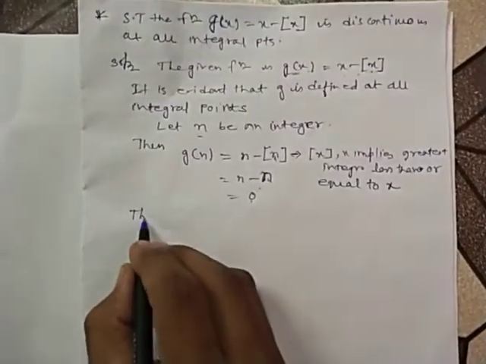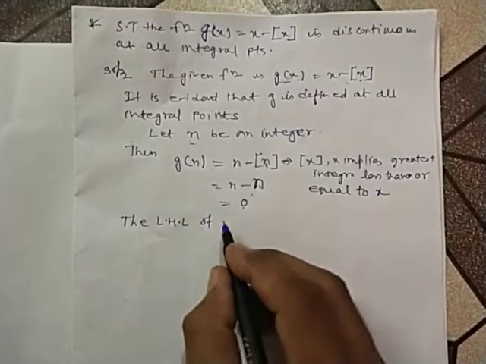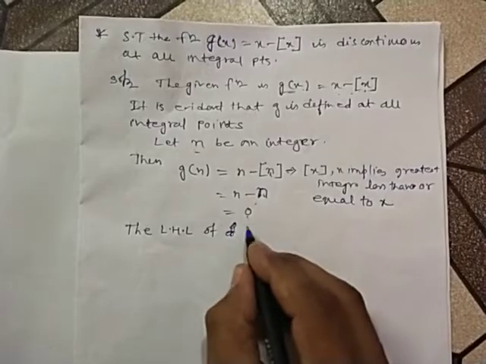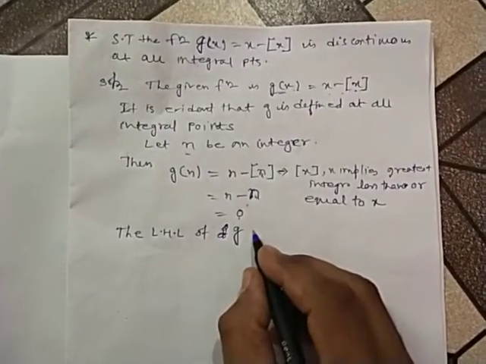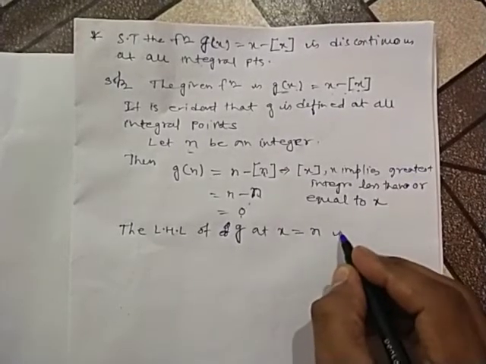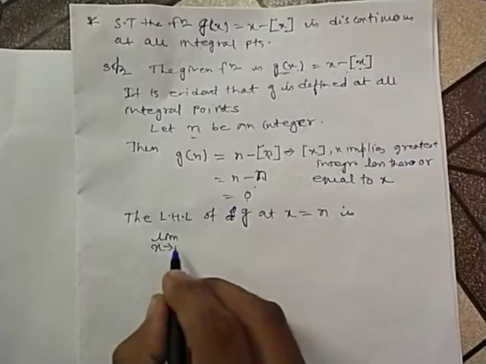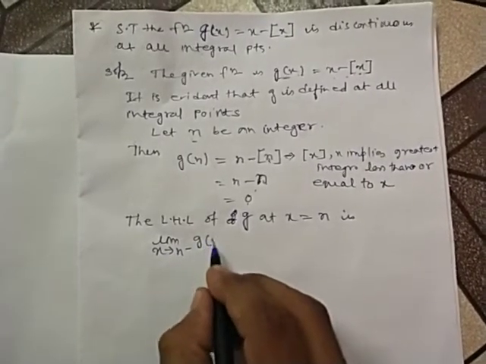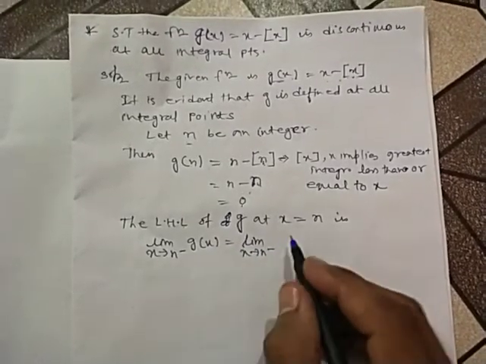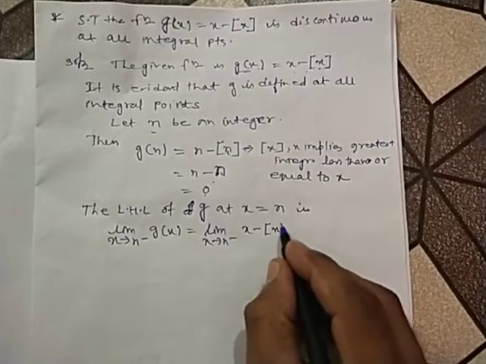Next, the left hand limit of g. The function is g. The left hand limit of g at x equal n: limit x tends to n negative g(x) is equal to limit x tends to n negative of x minus greatest integral of x.